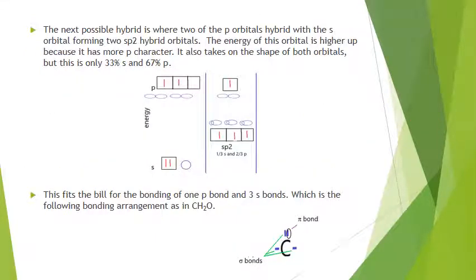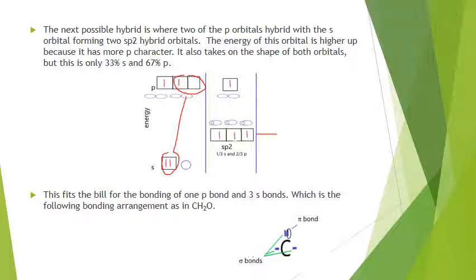The next possible hybrid is where two of the p's are going to combine with S. When they do that, you get this new hybrid, made out of three different orbitals. Each one of these orbitals in the subshell is going to be part S and part P, so each orbital is going to be 1/3 S and 2/3 P in its shape.